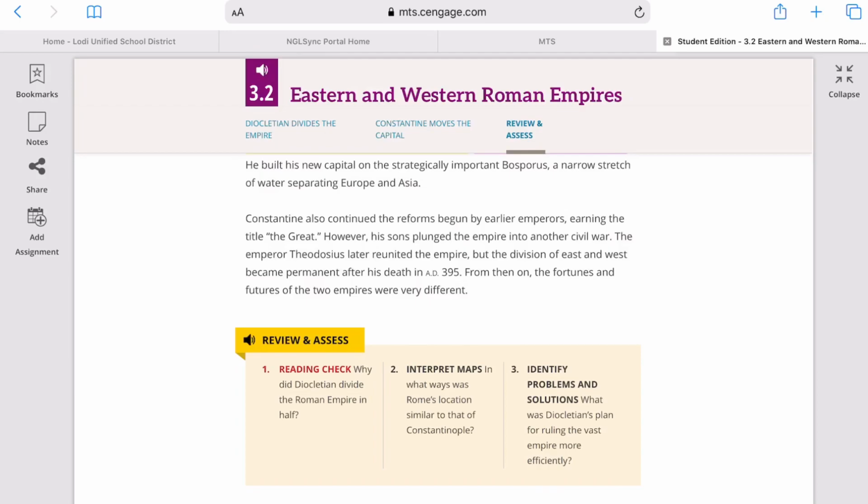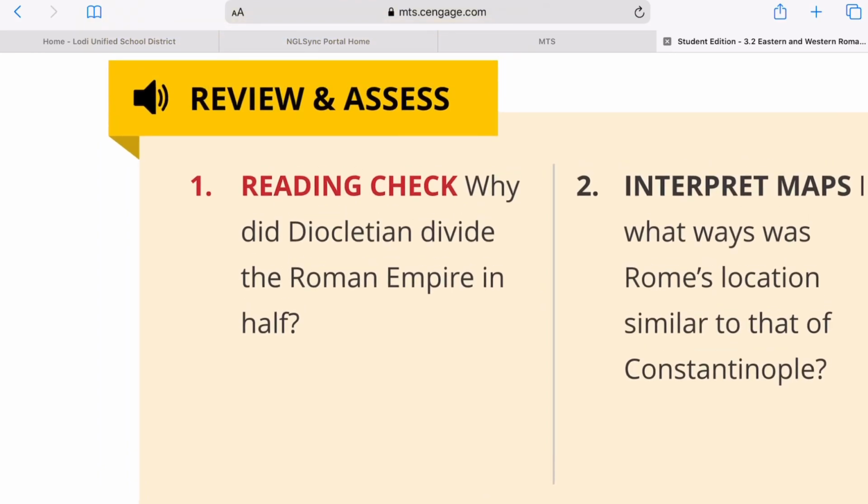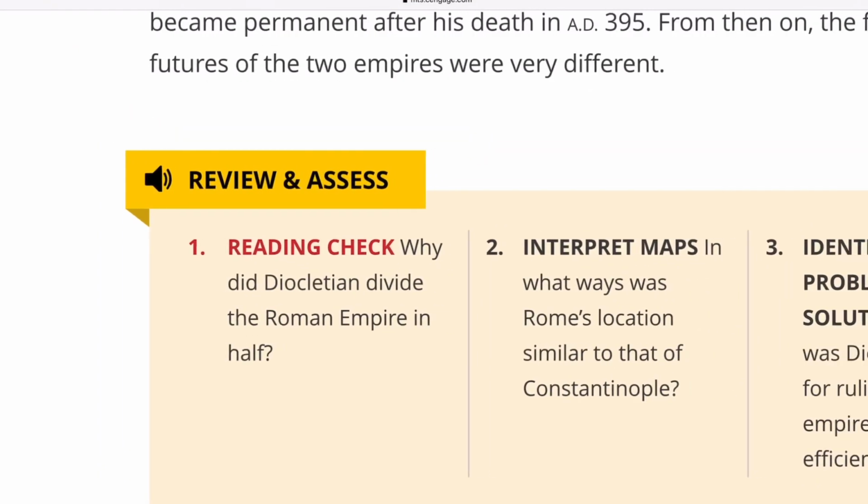Now it's time for us to go to our review and assess questions. The first one, reading check: why did Diocletian divide the empire in half? Number 2, let's interpret the maps: in what ways was Rome's location similar to that of Constantinople?